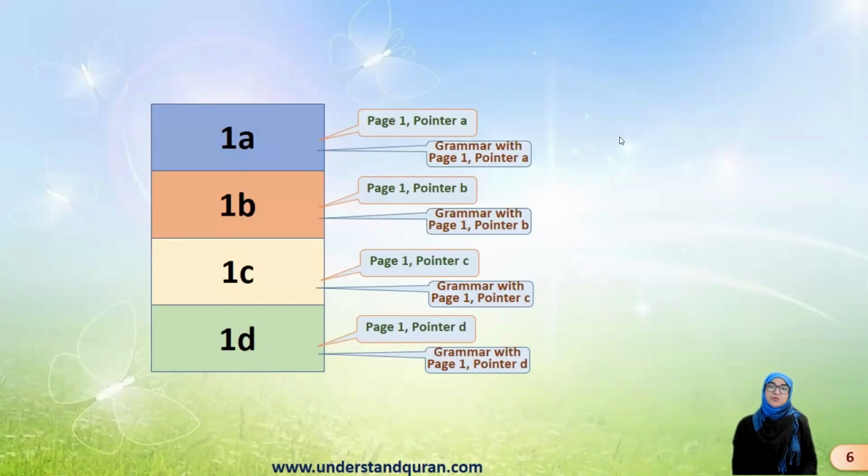And each page will have a grammar with it. So here you have page 1, pointer A, that's the Quran, and then you will have another class of grammar for page 1, pointer A. So pointer A will have 2 classes, one of Quran, one of grammar.